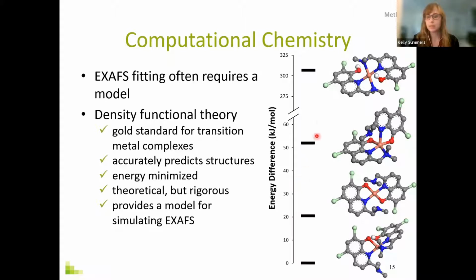In the image on the right-hand side, I've shown a few different possible copper coordination conformations in the same molecule. We can model these, find our most favorable structure, and then use that to simulate our x-axis.